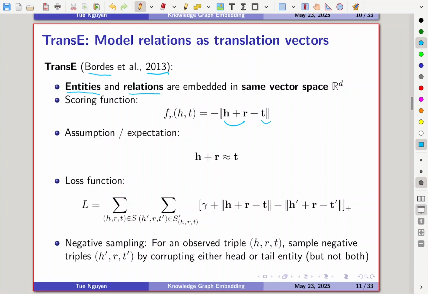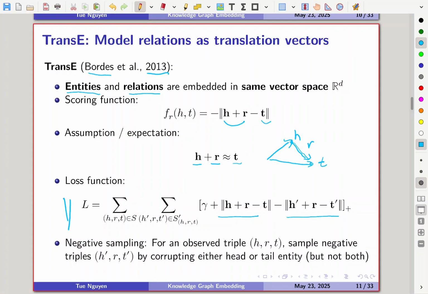So the expectation is that when we add head and relation, we should get approximately the tail. For example, in R^d we have a vector representation of the head and another vector representation of the tail, and we expect that the model will learn the relation embedding r, such that when we start from the head and translate by r, we get to the tail. And the loss function is just the same as before, but now we replace it with the specific form.